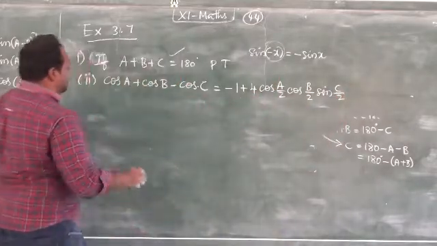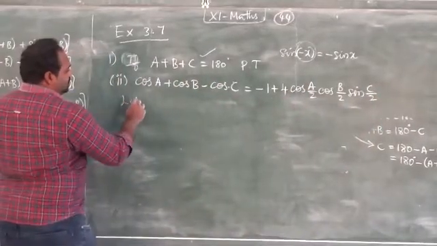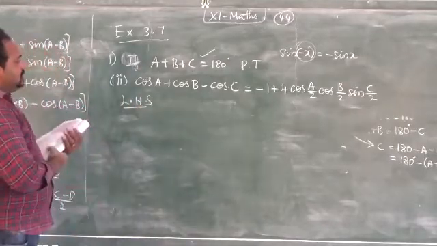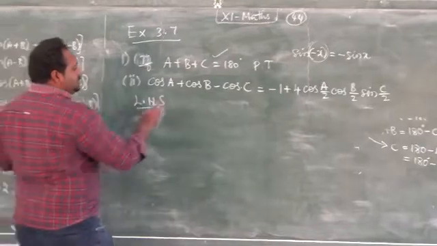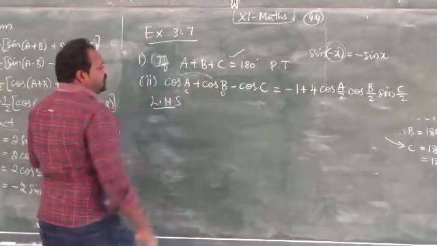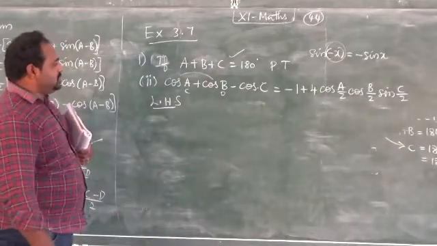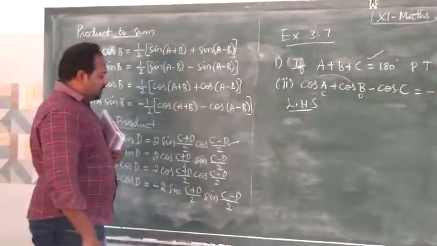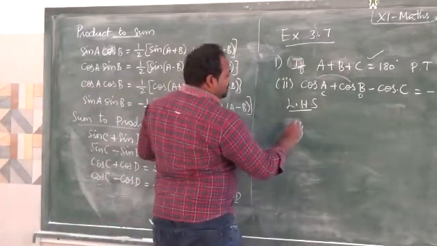So LHS side. I am going to take the LHS side. Here I am going to take C and D from these 2 terms. I am going to use the cos C plus cos D formula.